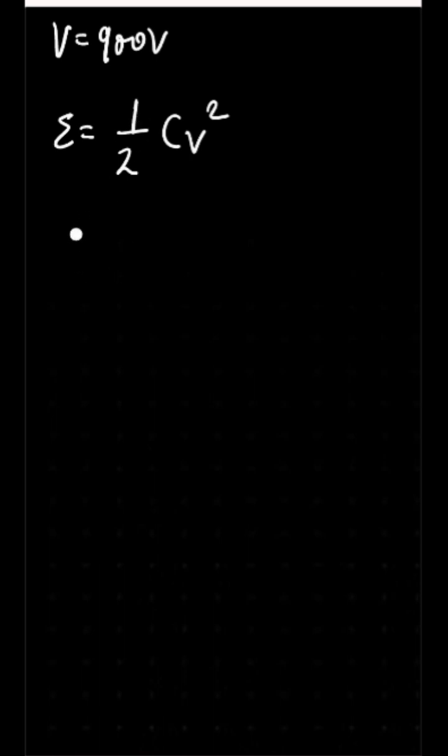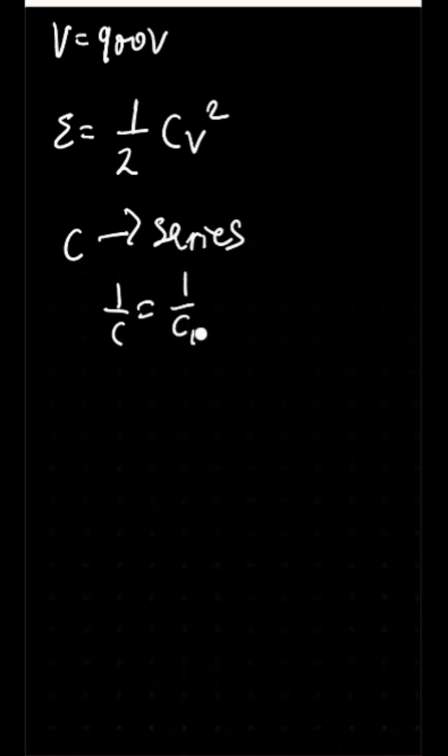Now to get our C, it is the equivalent capacitance, right? To get this, we have to use capacitance in series. And the formula for capacitance in series is: 1 over C is equal to 1 over C1 plus 1 over C2 and so on up to 1 over Cn.